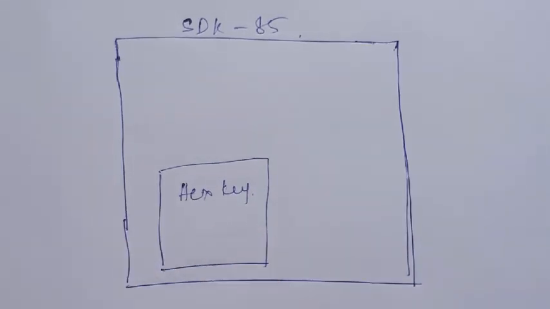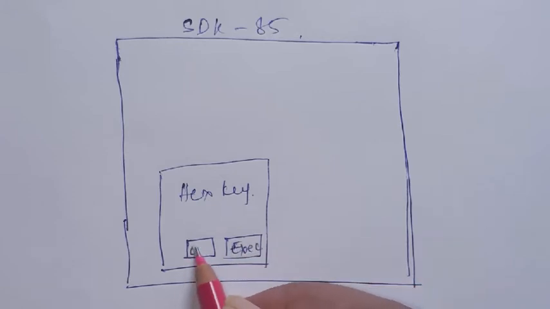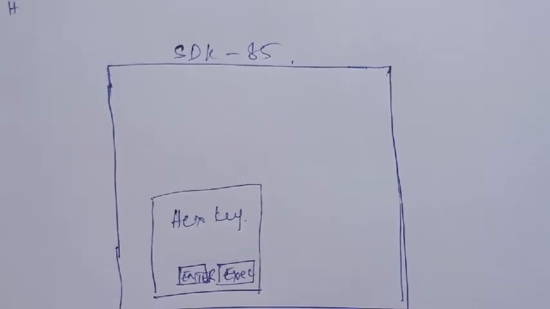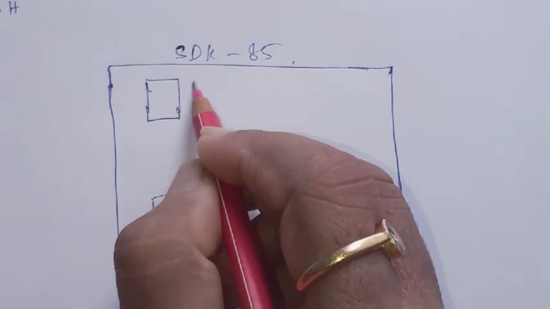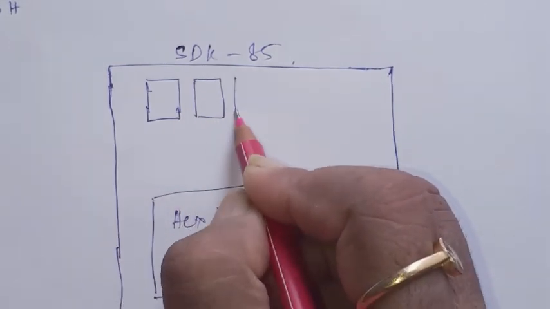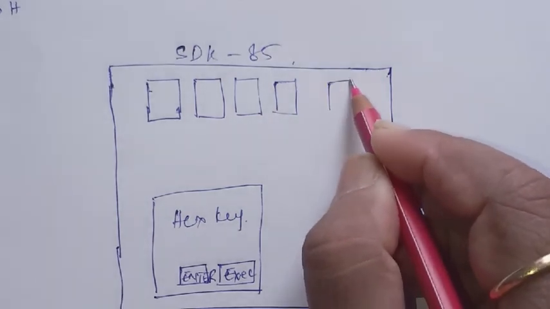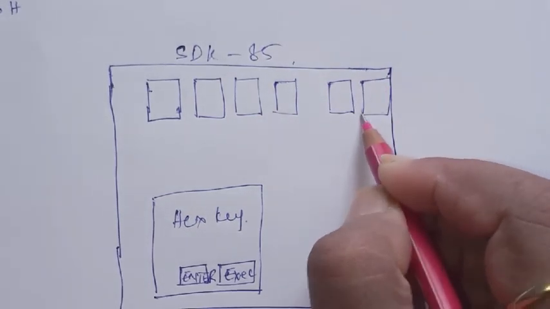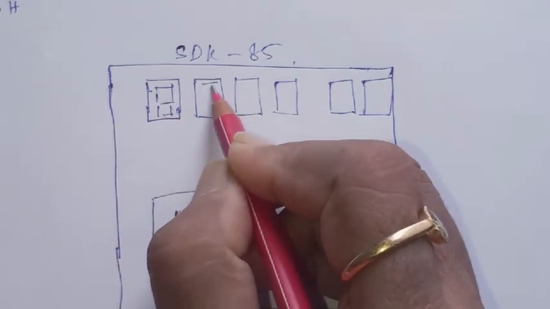There will be hex keys, then some more keys like execute and enter. Then you'll have 6 seven-segment displays, 4 here and 2 here.